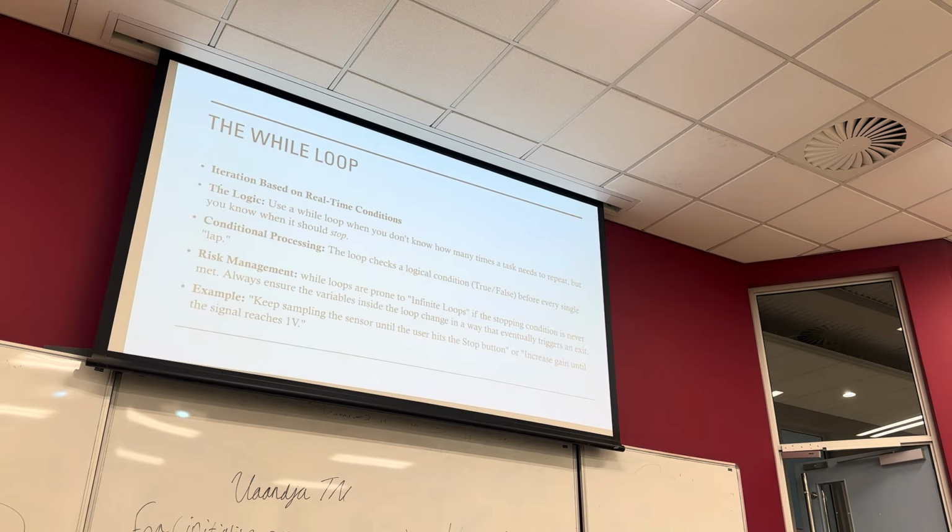There are 2 main operations. There's I++ and then there's I minus minus. I++ means that you add 1 to I continuously. I minus minus means that you minus from I continuously.